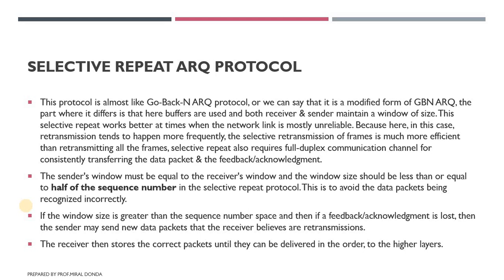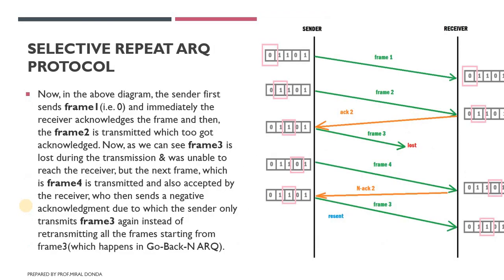If the window size is greater than that, and the acknowledgement is lost, then the sender may send new data packets that the receiver believes are retransmissions, so the exact number of transmission cannot be recognized. The receiver then stores the correct packets until they can be delivered in order to the higher layers. So this is how the selective repeat protocol works.